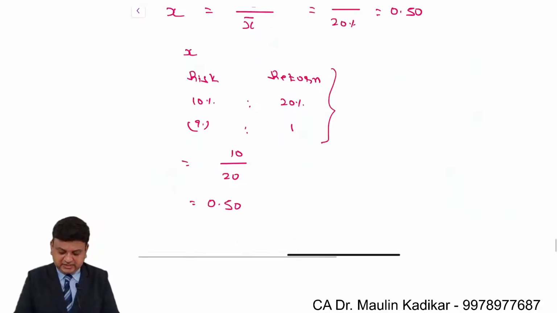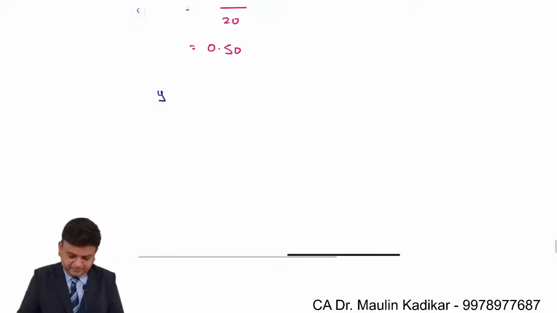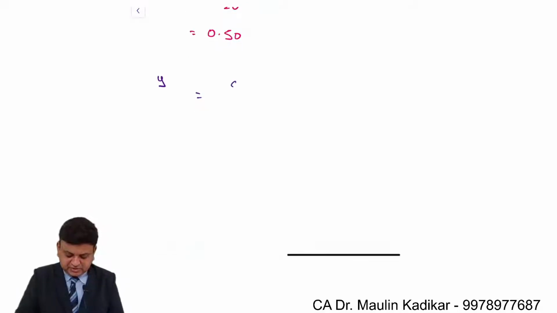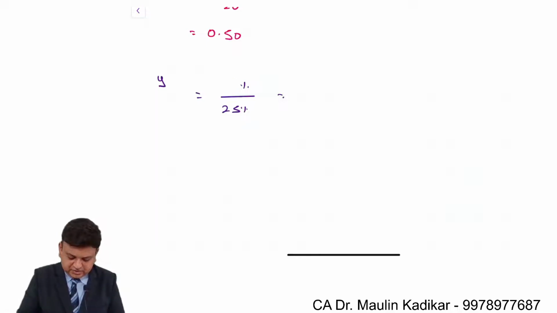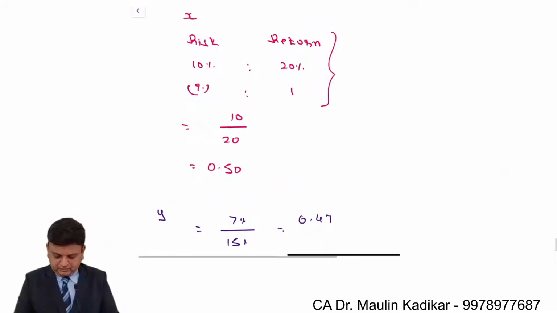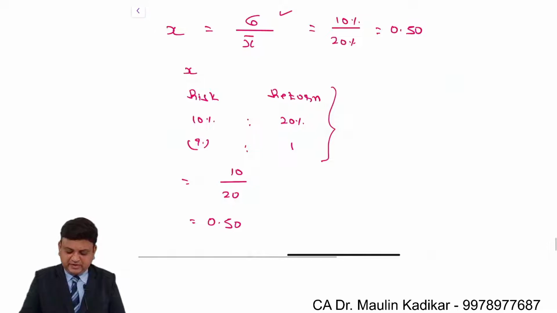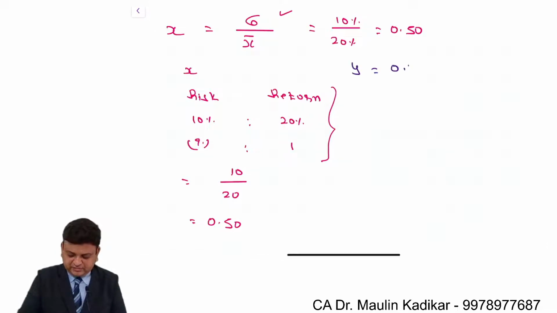Whatever we have done for security X, similarly we can do for security Y. For security Y the risk is 7% and the return is 15%. So 7 upon 15 comes to 0.46667, that is 0.47. That is the way the CV, coefficient of variation, can be calculated. For Y it is 0.47.